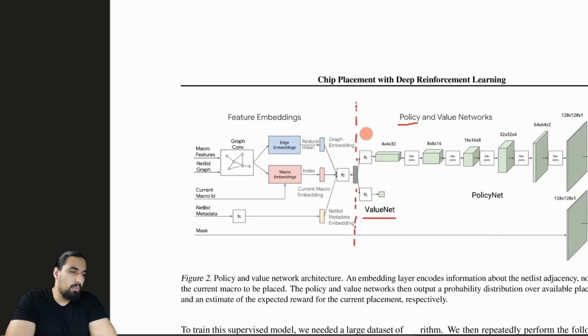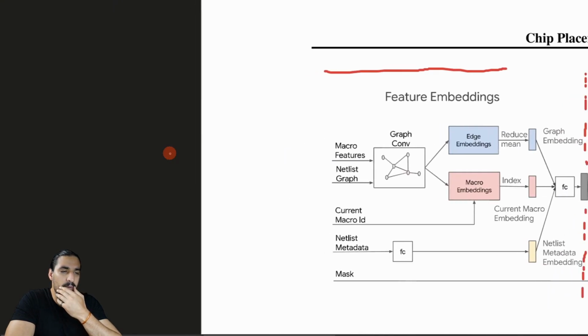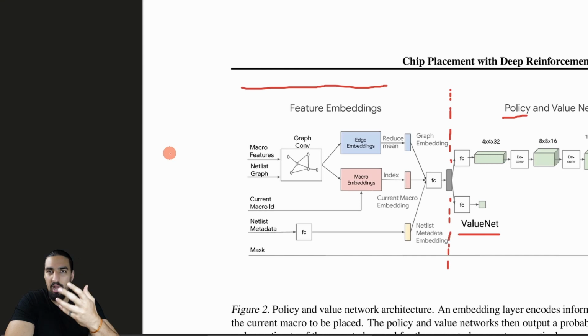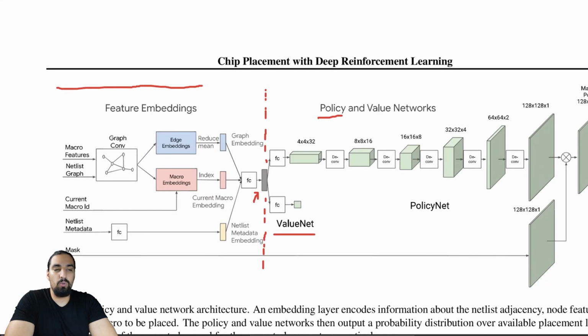Now let's see, this part is pretty interesting and novel. So let's see how they managed to parse the net list, so the hypergraph of your components into some representation that contains valuable information that can be used to figure out where to place the next components.